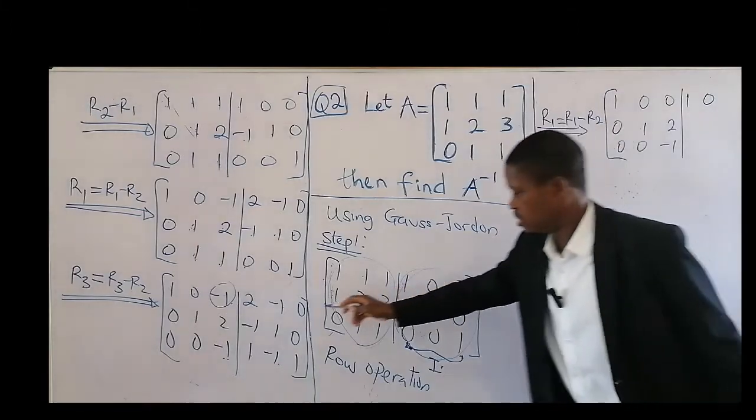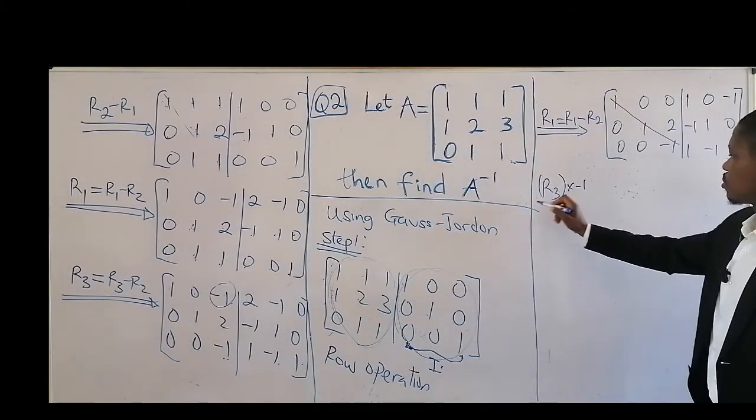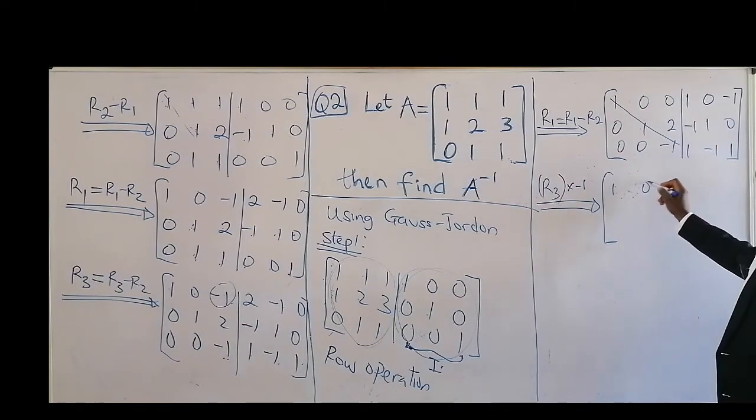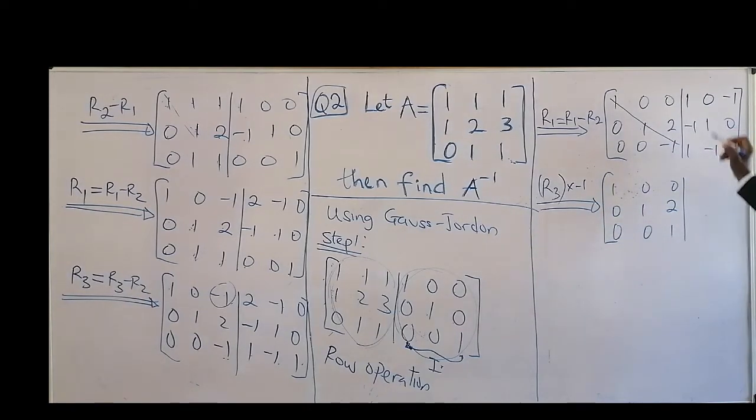And then 0 minus 1, that's a minus 1. 1, 3 times minus 1. Then we have 1, 0, 0, 0, 1, 2, 0, 0, 1. Here also 1, 0, minus 1, minus 1, 1, 0, minus 1, 1, minus 1.